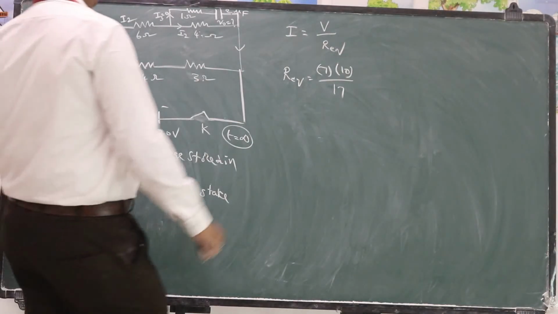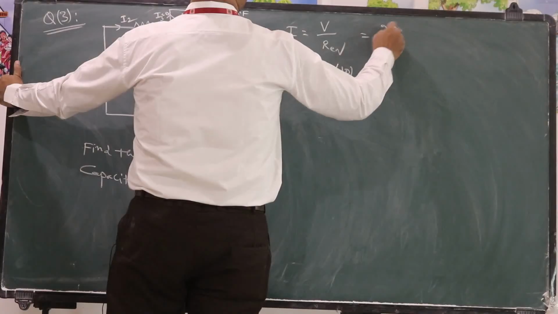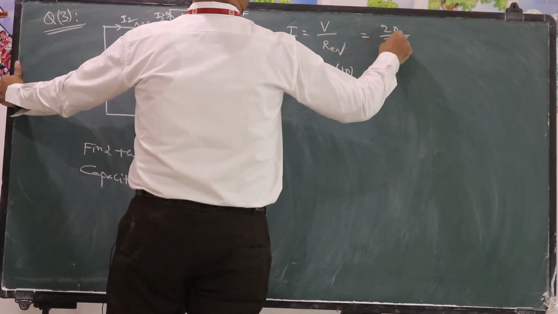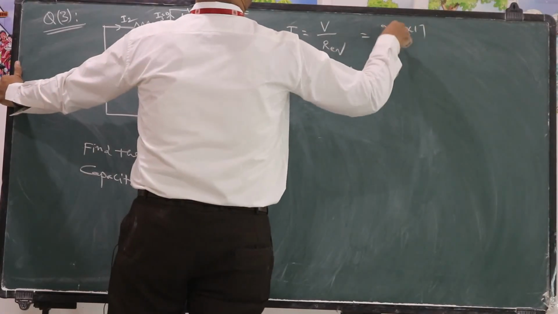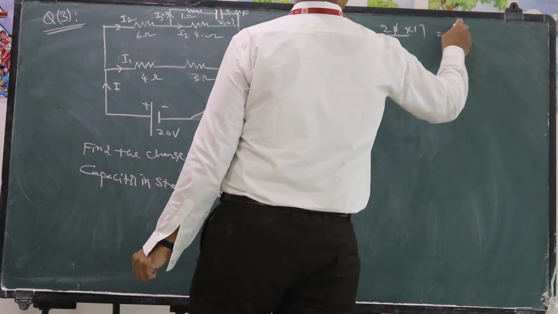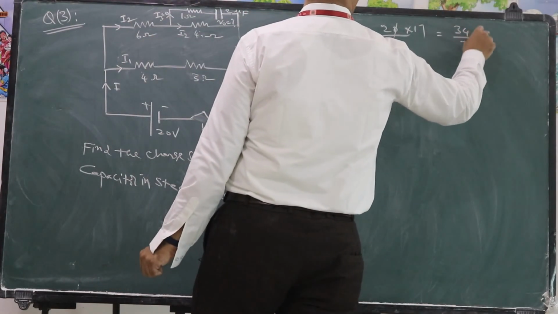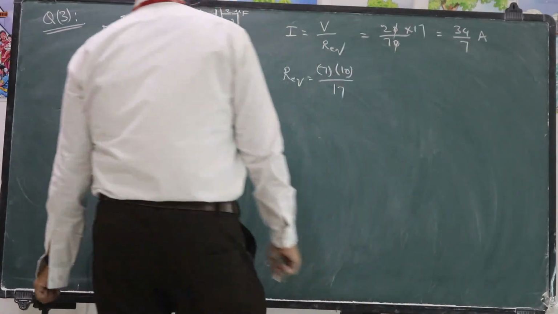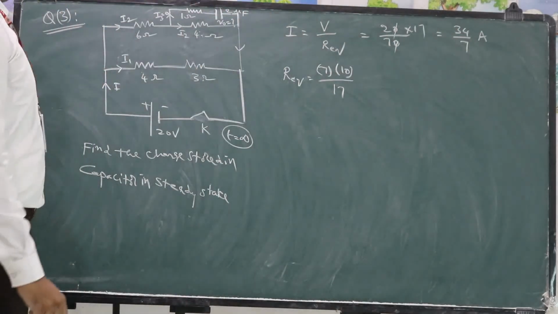Now, as the voltage is 20 volts, 20 by 70 into 17, the zeros cancel, and it becomes 34 by 7 amperes.